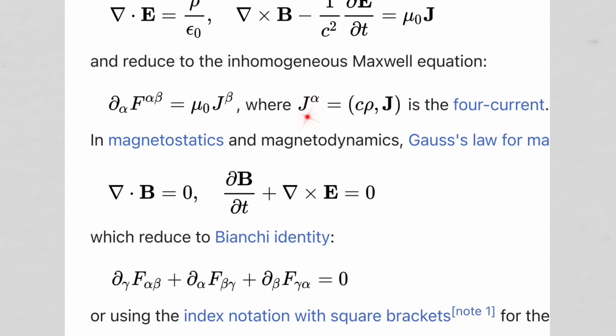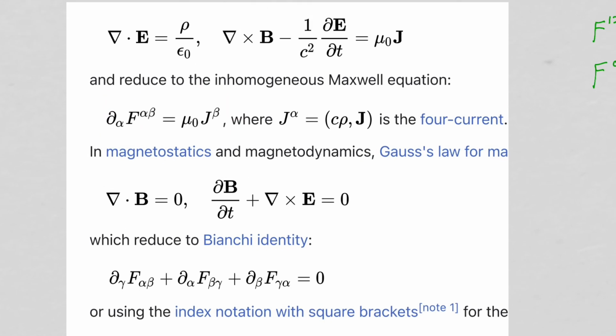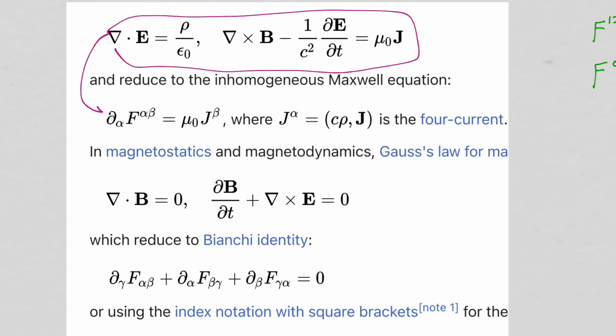Combined together, that gives you a four-current. And that four-current can be transformed from one Lorentz frame to another using our lambda matrices all day long. Once you've done that, the claim is that this is the two inhomogeneous Maxwell's equations combined together into one very tidy statement.